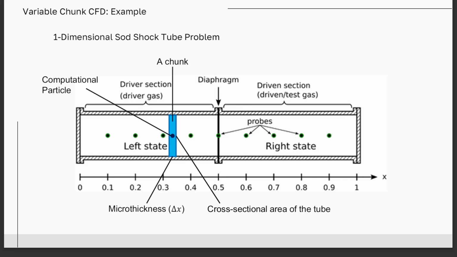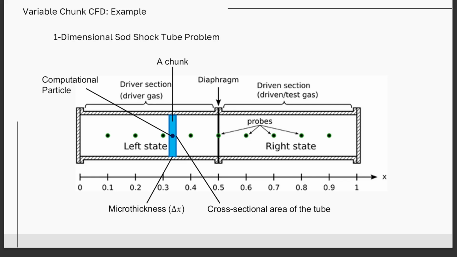Observing the shock tube problem, the fluids in the two different conditions should not be mixed. In the variable chunk-based CFD method, this can be achieved by setting each chunk to the shape of the tube. Let's assume that the cross-sectional area of the chunk is identical to that of the tube and it has a micro-thickness.